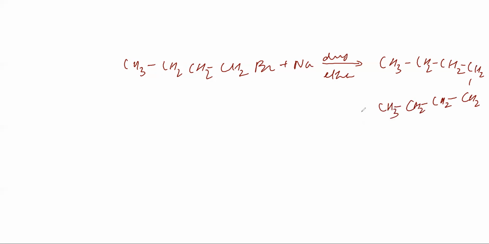It should not be of the same type as this one. So I think the main hydrocarbon which we have taken is wrong. We can't take this hydrocarbon. We have to take an isomer of this hydrocarbon.